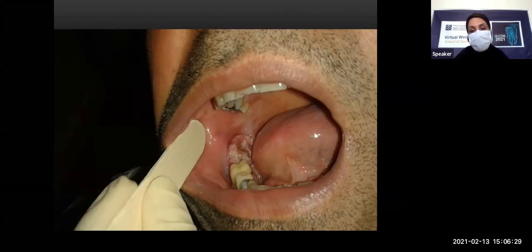In the next case, you can see the lesion in the area of the mandibular alveolar ridge with a papillary white surface, and the patient was a 34-year-old male who reported a duration of about 6 months for this lesion. I'm sure you will agree that the clinical feature is not very proper for a reactive lesion.